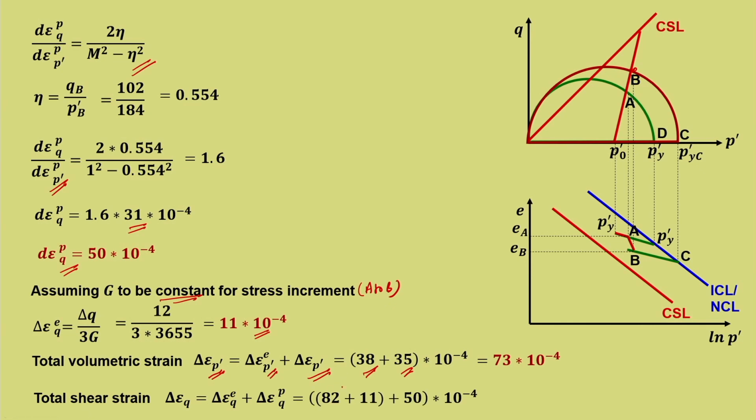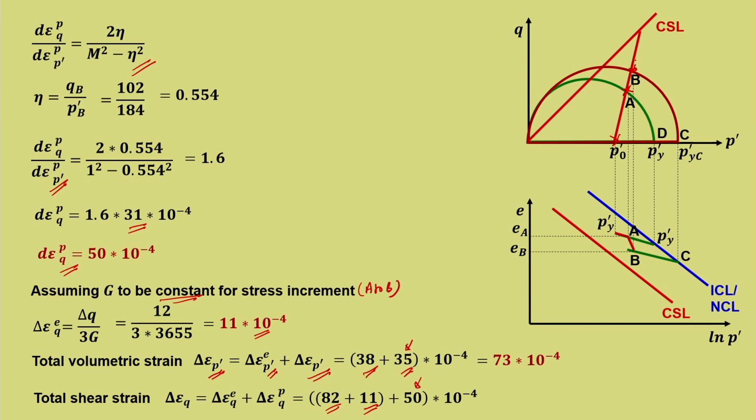Please note here, in this particular case we could obtain this 35 directly, but in the case of a deviatoric strain we have obtained the plastic strain and the elastic strain separately for the portion A to B.